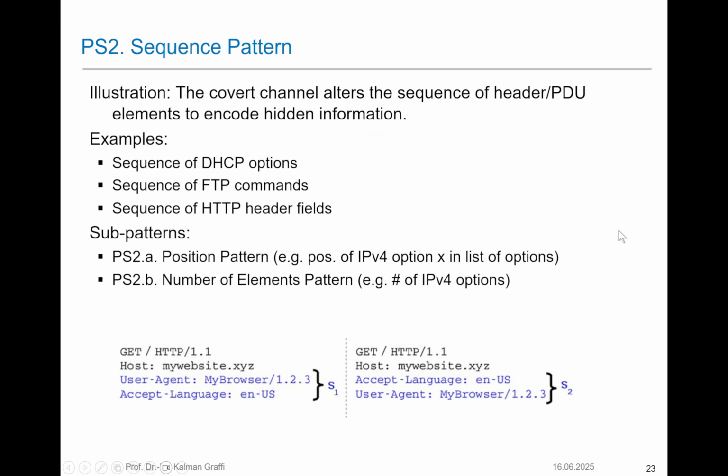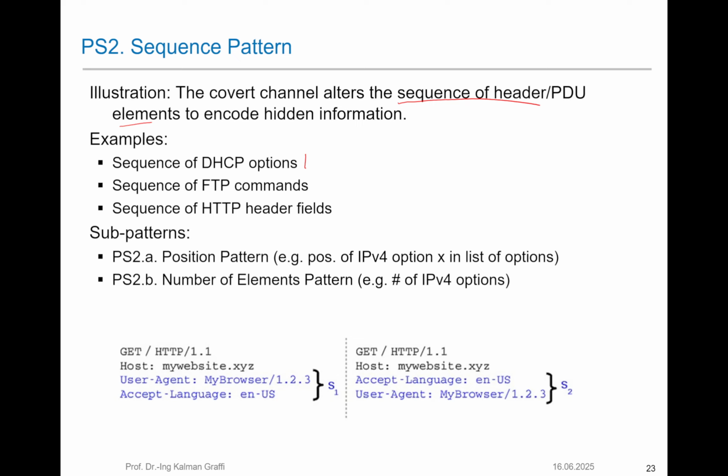This is the example that I wanted to show you based on the HTTP optional fields. What you could do is change the sequence of header elements to encode hidden information. Especially when you have an optional set of values, you can reorder them. It is interpreted the same way by the recipient. The recipient takes the message, goes through the list and checks whether optional elements are set, but the order is ignored.